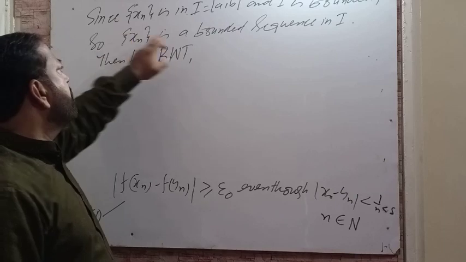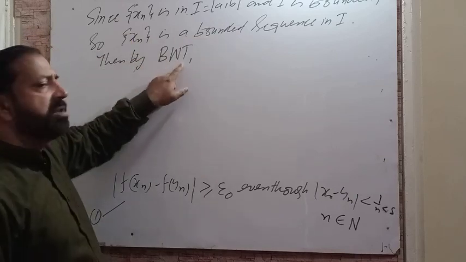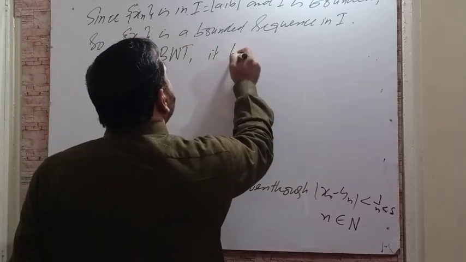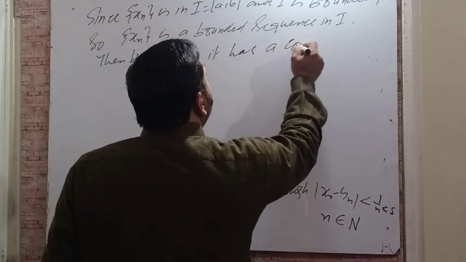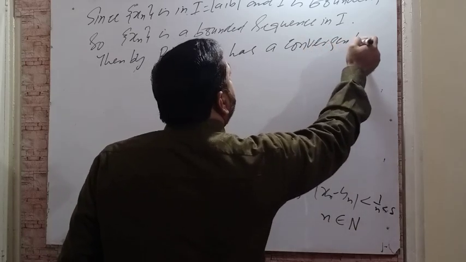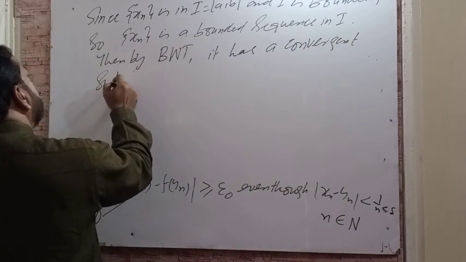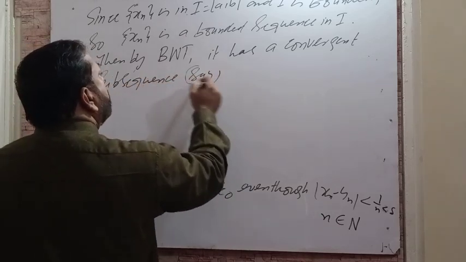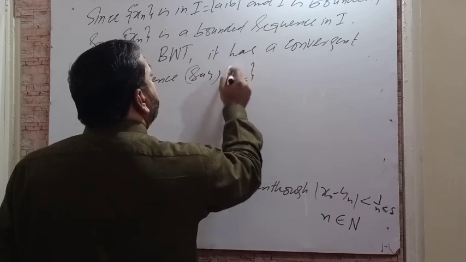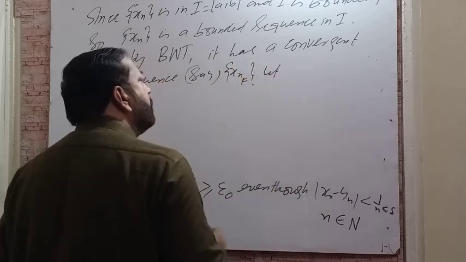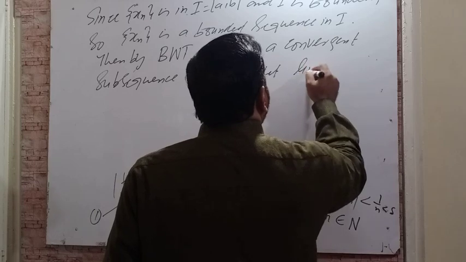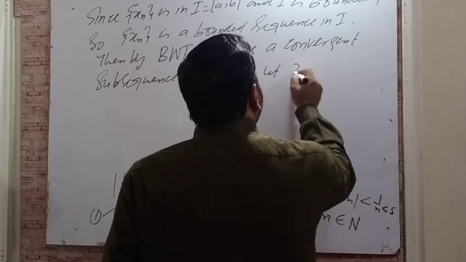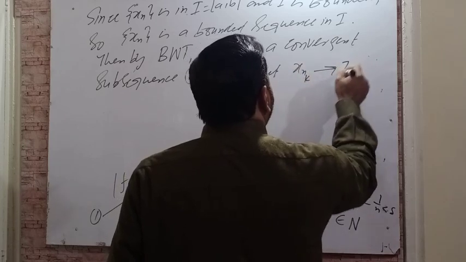So xn is a bounded sequence in I. Then by the Bolzano-Weierstrass theorem, xn has a convergent subsequence, say xnk. Let its limit be z, or you can say that xnk tends to z.